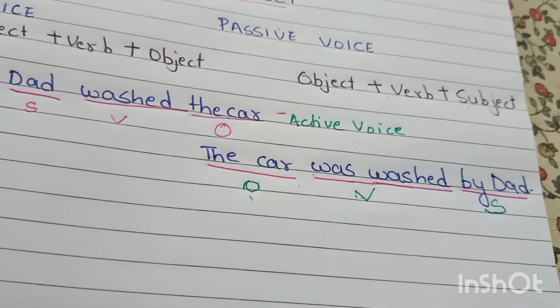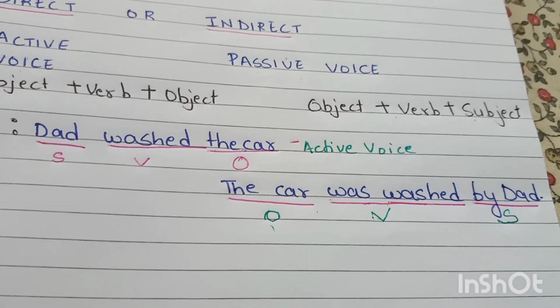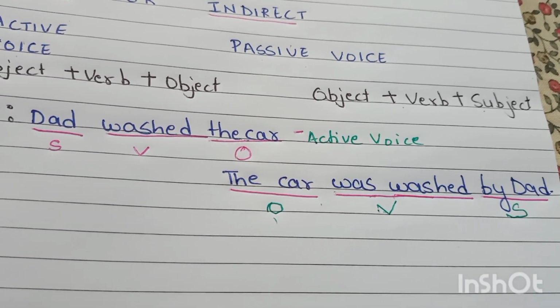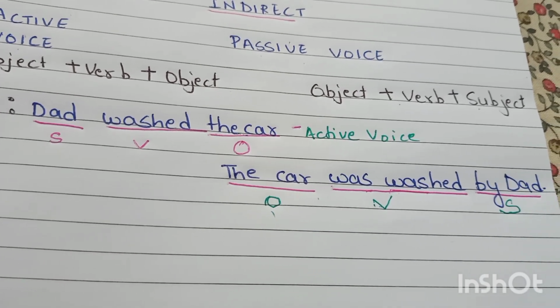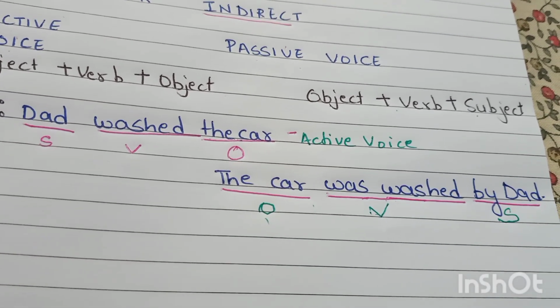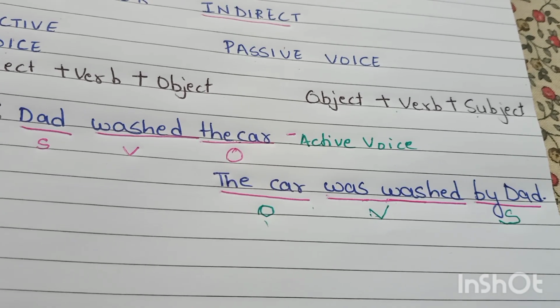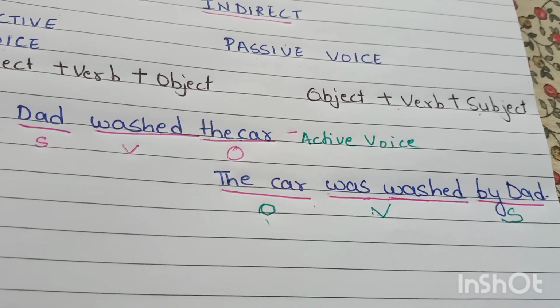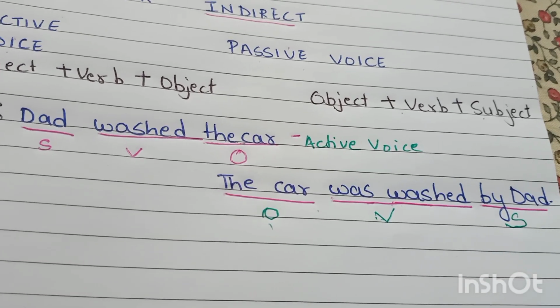Because normally, according to our rules of English language, all right, our subject is always in the beginning of the sentence. However, in a passive voice, the subject comes in the end, okay, so the sentence begins with the object, the verb, and then the subject.